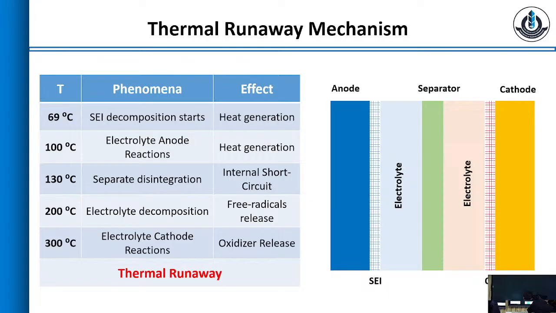These layers are not very thick. They are a few nanometers thick, and they develop in the first charging or discharging cycle. Once the electrolyte starts to interact with the anode, it forms a protective layer that inhibits continuous reactions between the anode and the electrolyte.